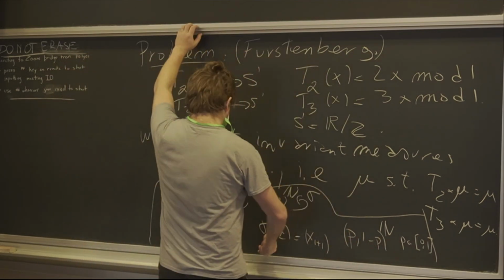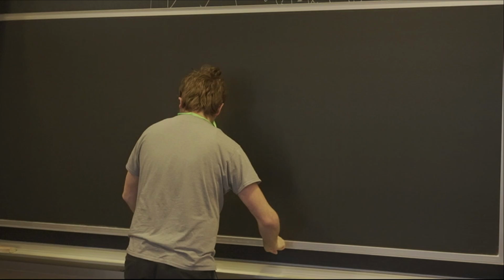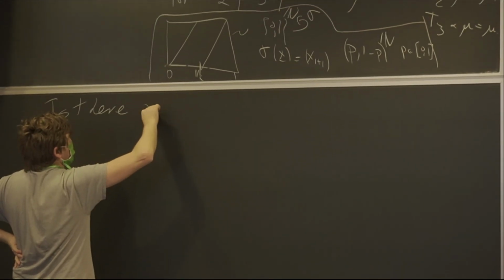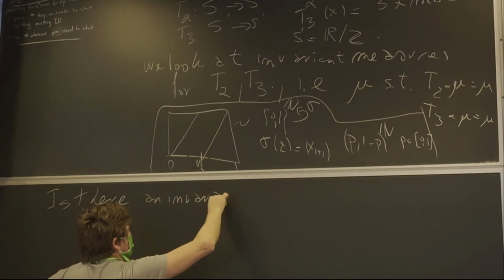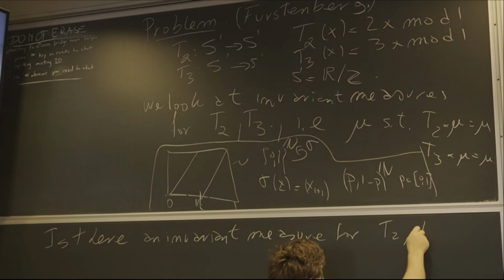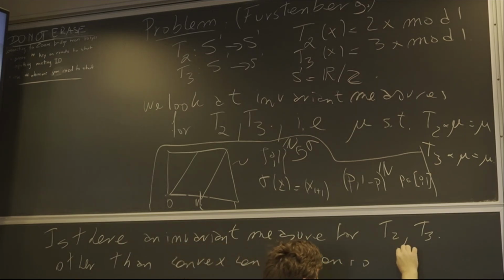Is there an invariant measure for T2, T3 other than convex combinations of Lebesgue and atomic measures?